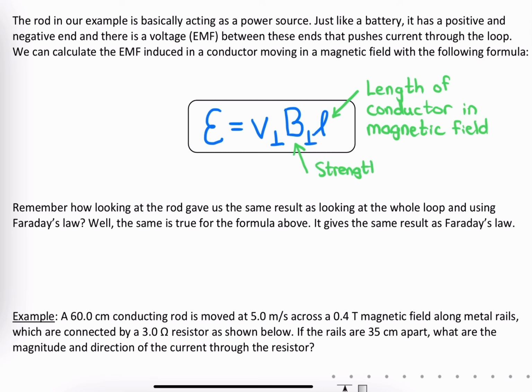V is the speed, or how fast that conductor is moving through the magnetic field. And E is the result of all of this.